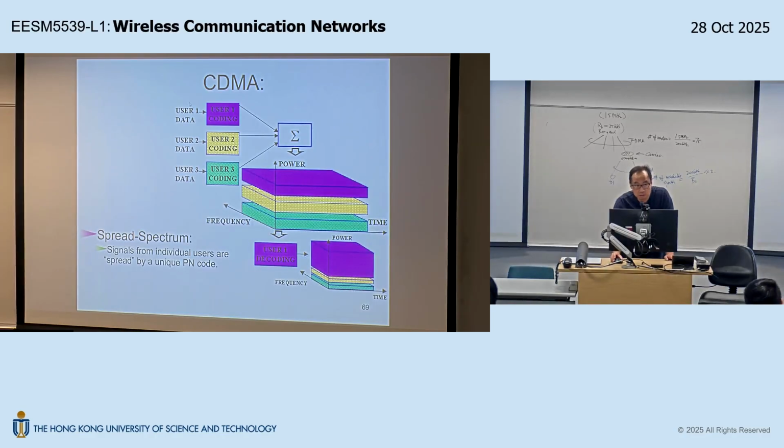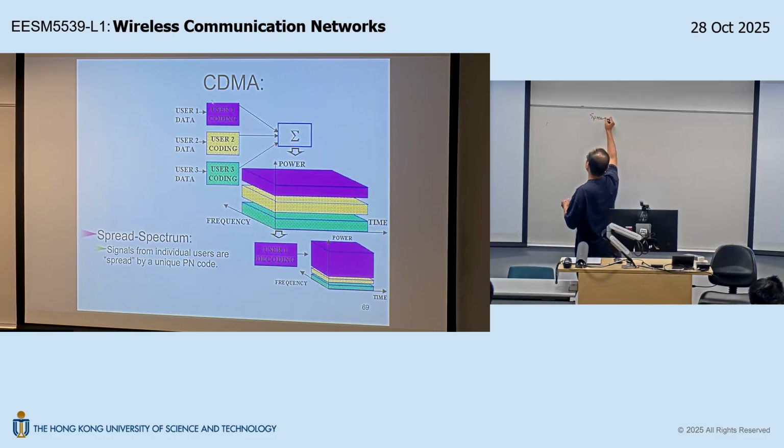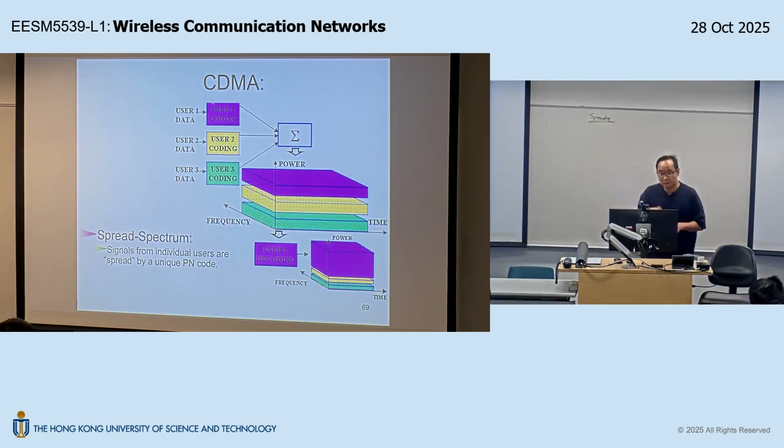But now with spread spectrum, you do one additional step. This additional step is called spreading. So let's explain, using a time domain picture, what the processing involved in spreading is.